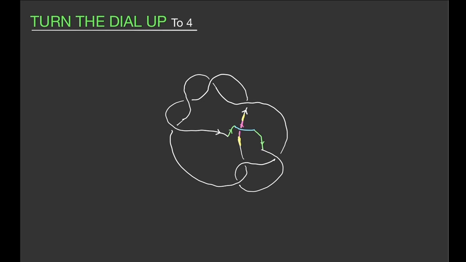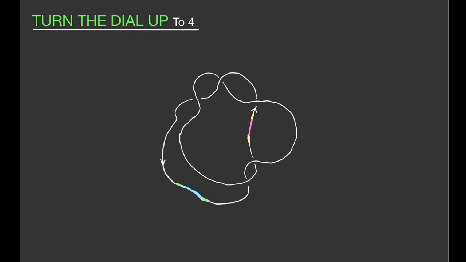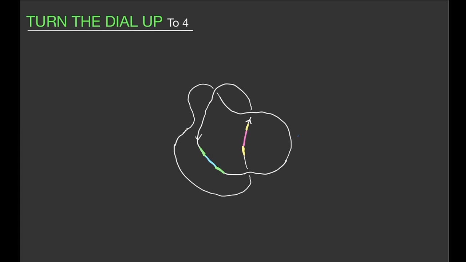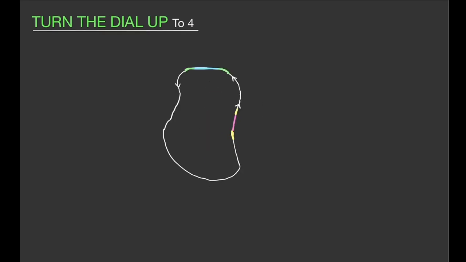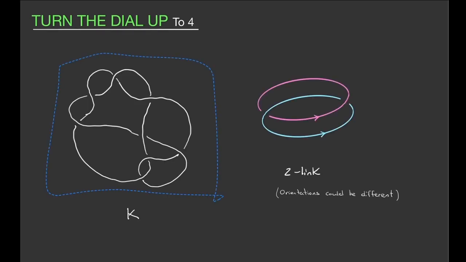If we, let's say, move this portion of the knot downward, we get this. Now we'll pull this portion of the knot under this strand. Now pull this part to the left. Now take and untwist this part, and we get this. And hey, it's the unknot, which is awesome. So that means that the original knot we started with, which is here, that knot bounds a disk in CP2.